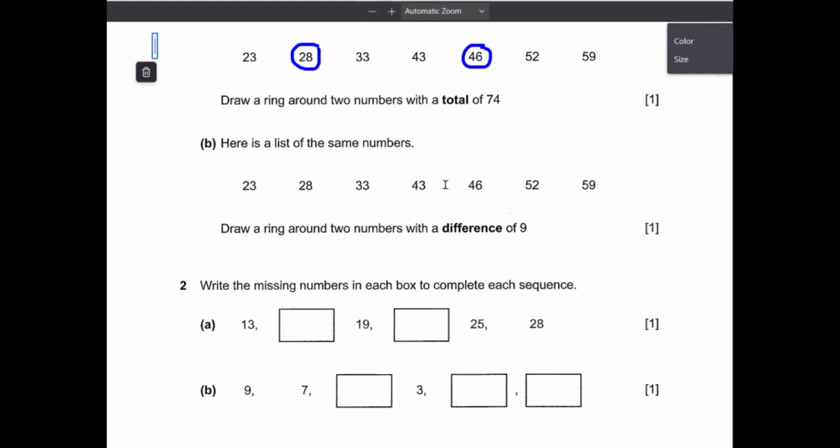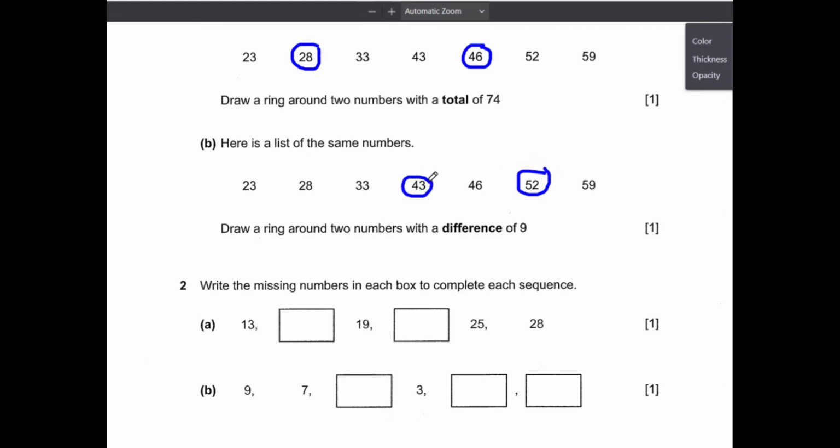What's the difference between 52 and 59? 7. And 43 and 52? 9. So the two numbers are 52 and 43.